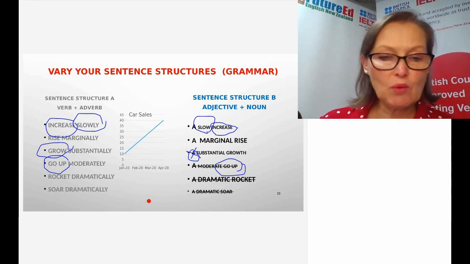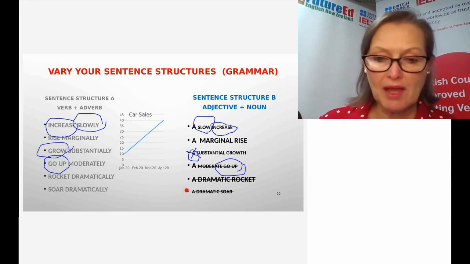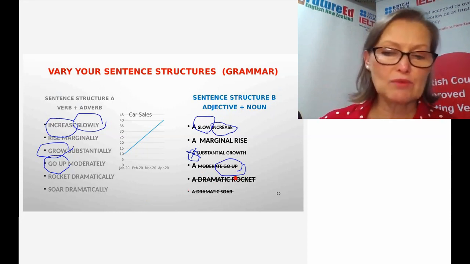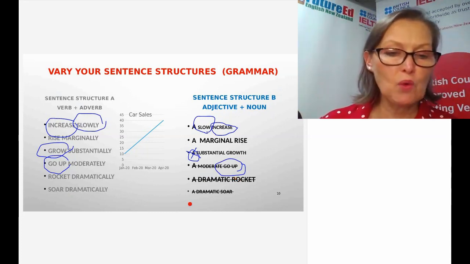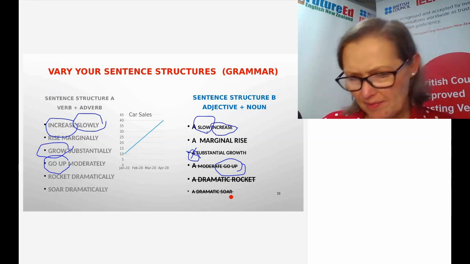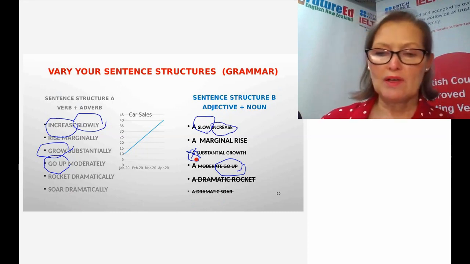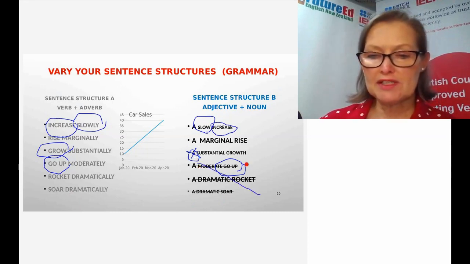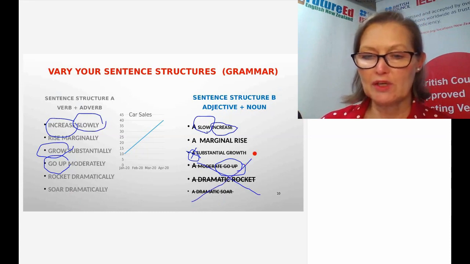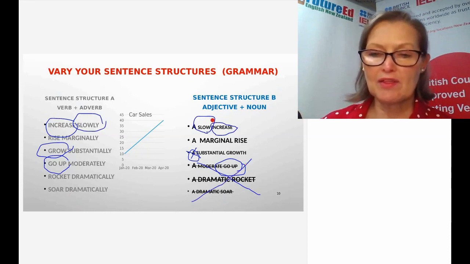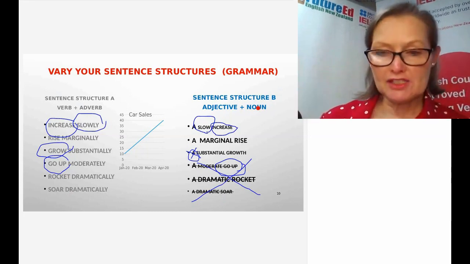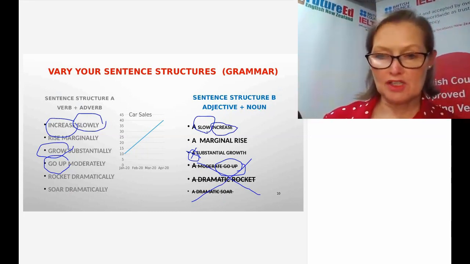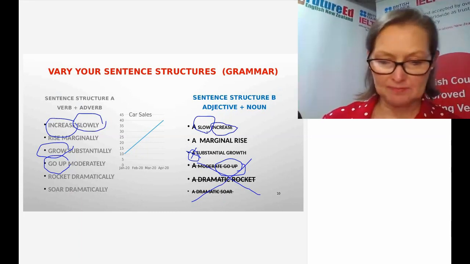And similarly for rocket dramatically, I can't say a dramatic rocket up. And the same goes for the verb soar. I can't say a dramatic soar. So these ones here are out of the picture. We can only use these verbs in my adjective and noun in sentence B.